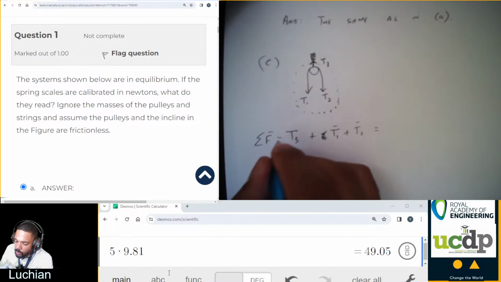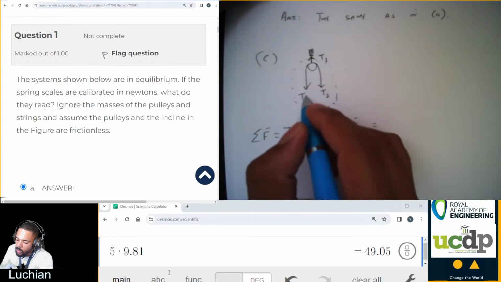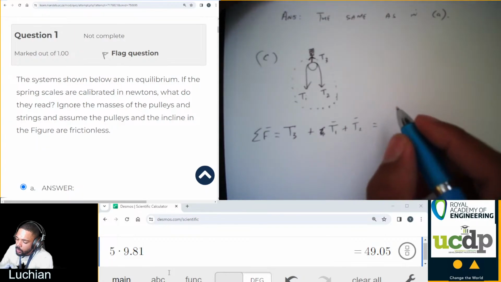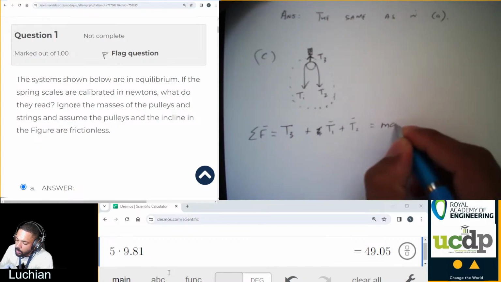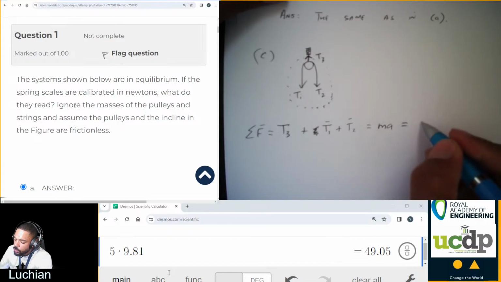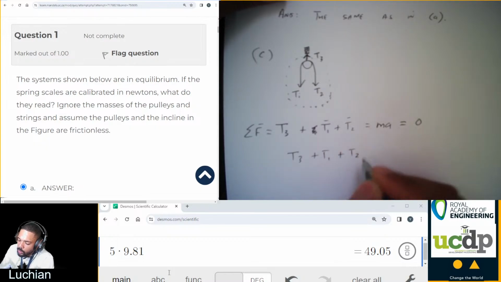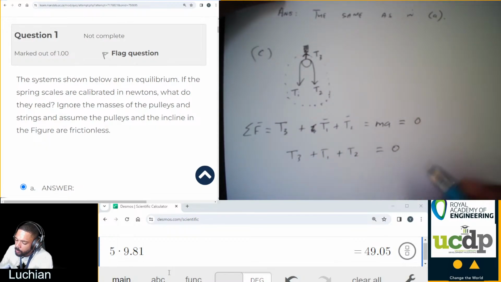The sum of the forces is equal to tension 3 plus tension 1 plus tension 2. And that should all equal the mass times acceleration according to Newton's law. And since it's not moving, it is 0. So tension 3 plus tension 1 plus tension 2 is equal to 0.